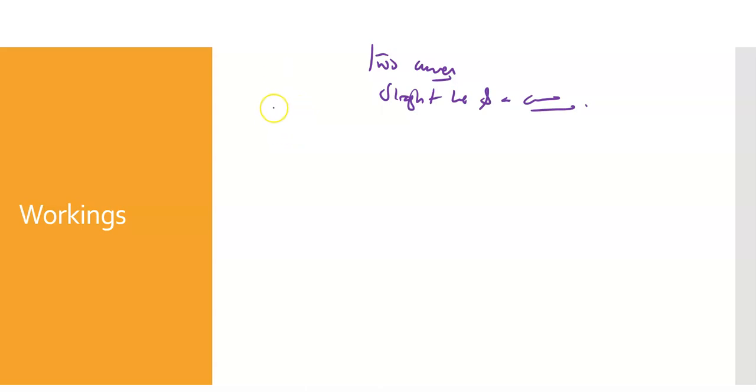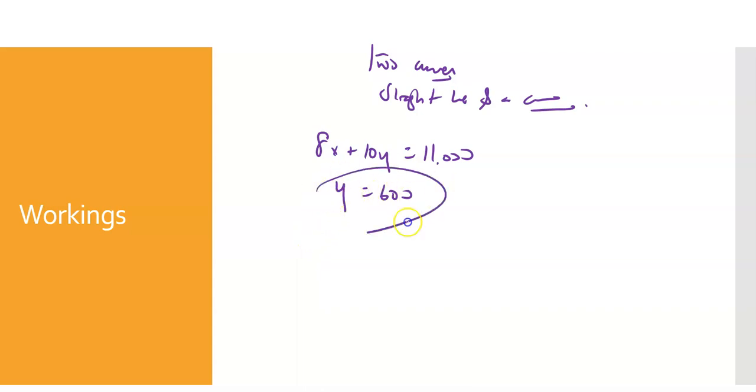So what we then do is, the 2 curves that are crossing in this scenario are 8x plus 10y is equal to 11,000, and y is equal to 600. I'll do simultaneous equations using 2 other curves, but this is the scenario we have. This is the optimal point where these 2 curves meet. This is a nice one because all I have to do is plug this in here and I can find x.